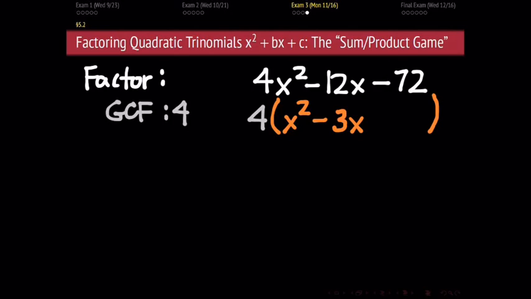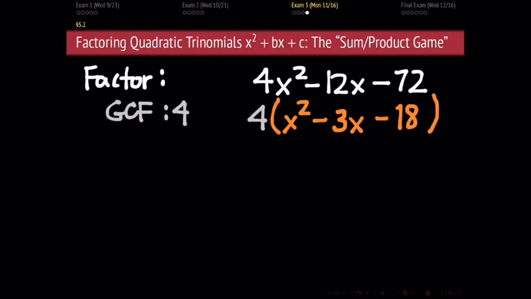And if I factor a 4 out of 72, we saw in our factor tree what's left over? 18. And now we've reduced the original problem down to one where, if I want to continue factoring, what I have to factor is instead x squared minus 3x minus 18. So we've taken care of that coefficient in front of the x squared problem.